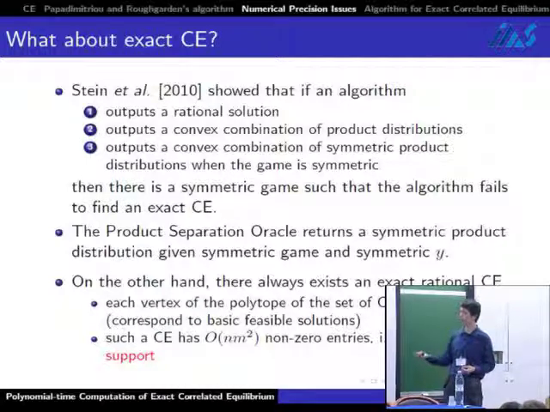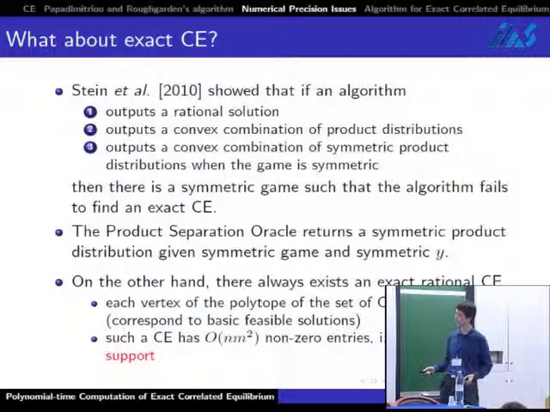And in fact, they correspond to basic feasible solutions of the original set of constraints. So furthermore, such a CE would have only a polynomial number of non-zero entries, so they can be compactly represented because they only have polynomial size support.